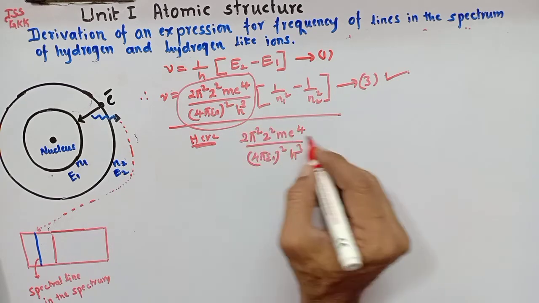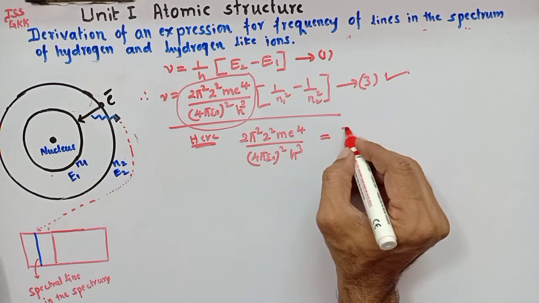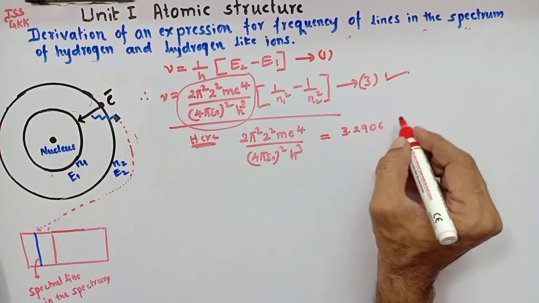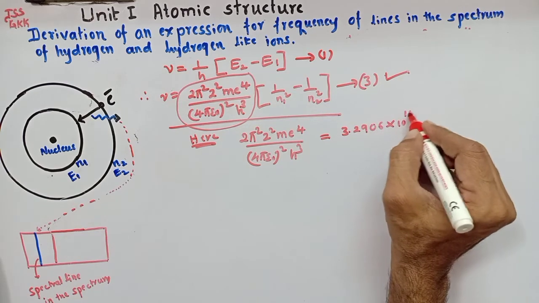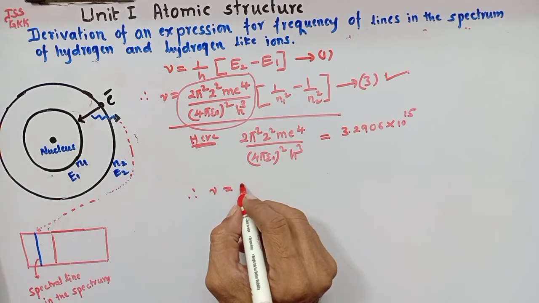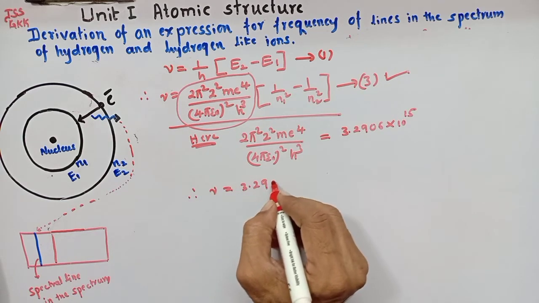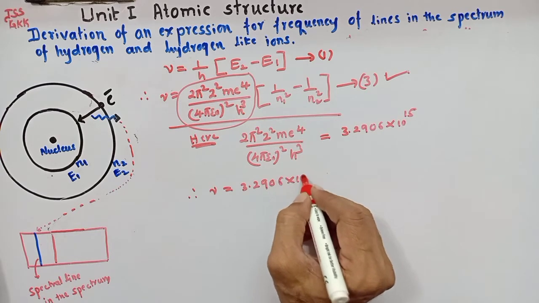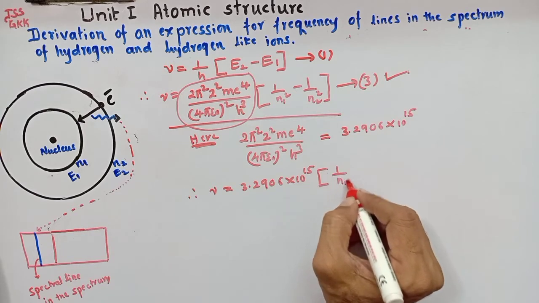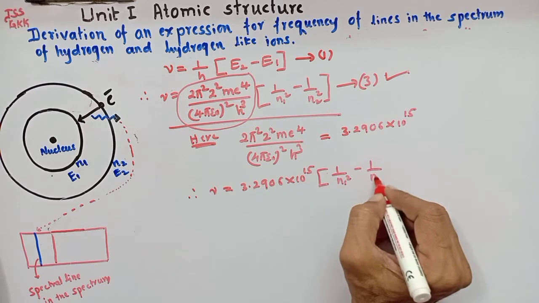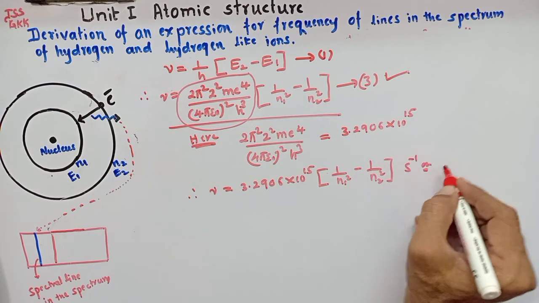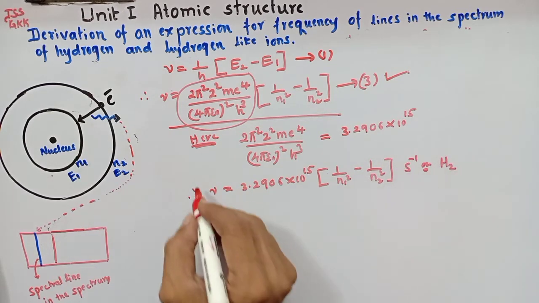If you put in all these values, you will end up with 3.2906 × 10¹⁵. Therefore, ν = 3.2906 × 10¹⁵ × (1/n1² - 1/n2²) per second, or Hertz.